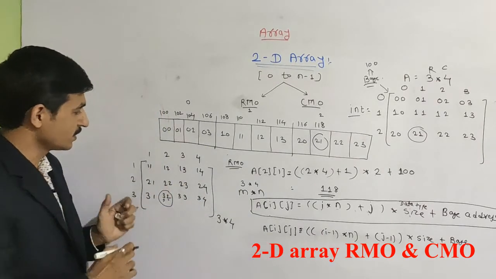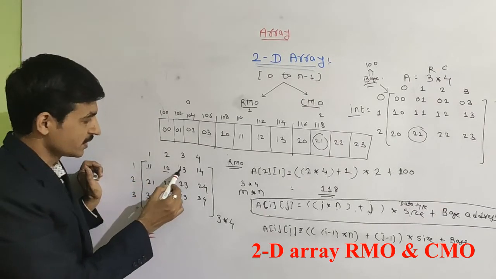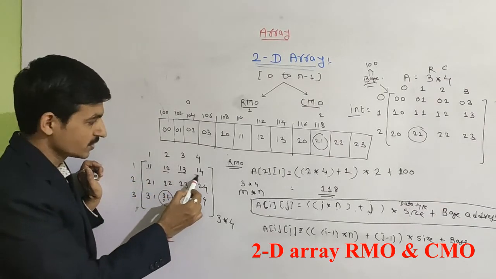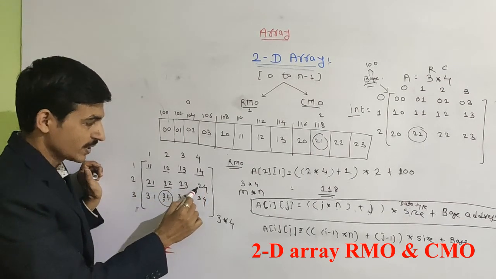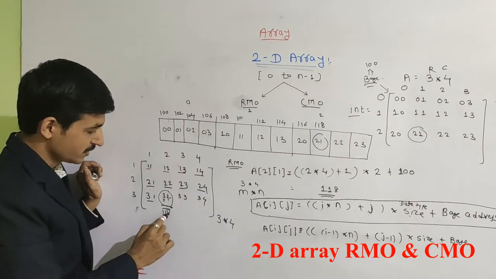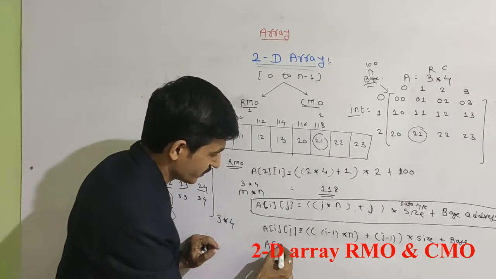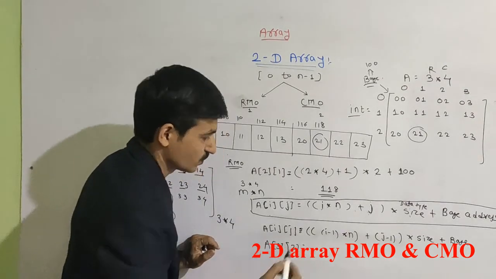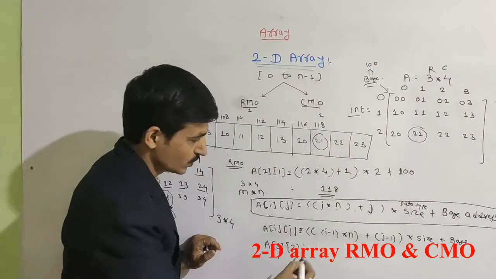So we will calculate the location, we will calculate the address. If it starts from 100, 100, 102, 104, 106, 108, 110, 112, 114, 116, 180. Now we will calculate with the help of this formula, A of 3,2. The value of i is 3, the value of j is 2.